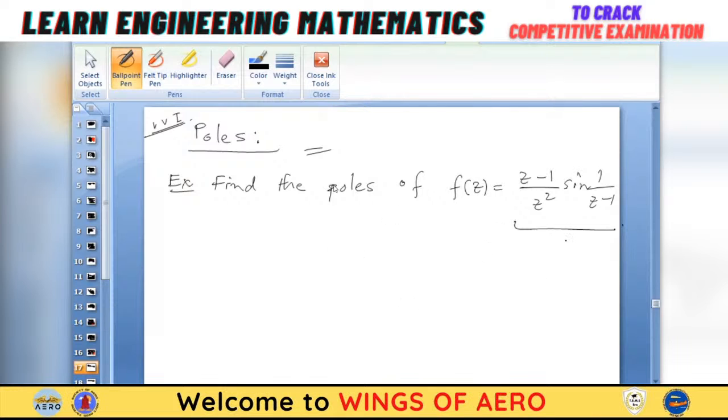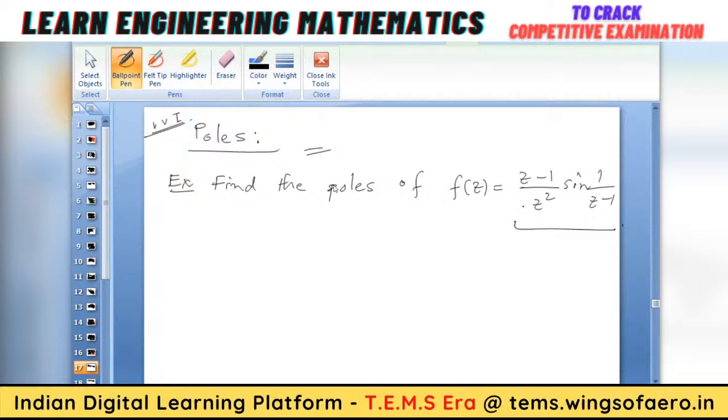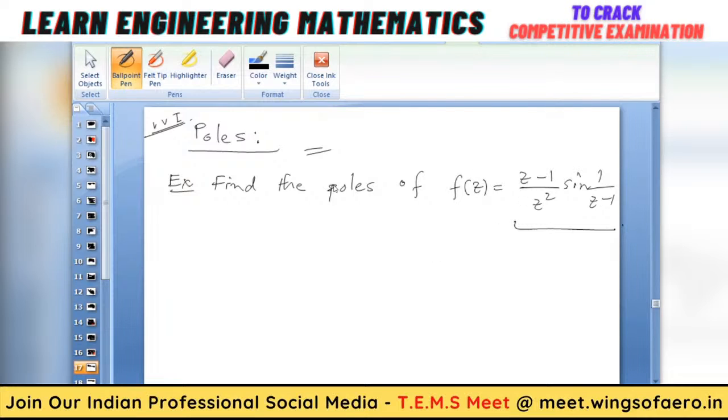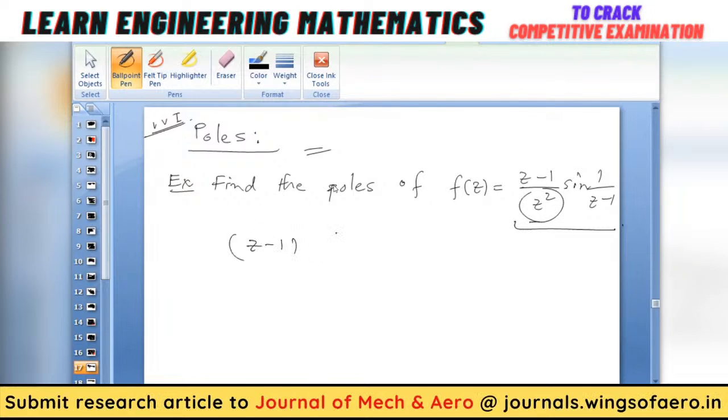Yes, 0 and 1. You should consider this one. But in this case, I should mention that actually this function is from the Laurent series, so only the z square term you consider here.